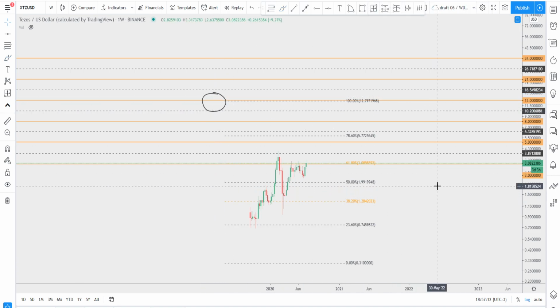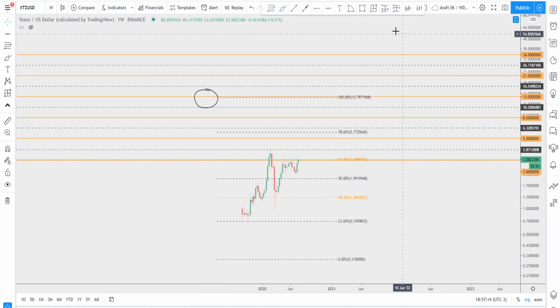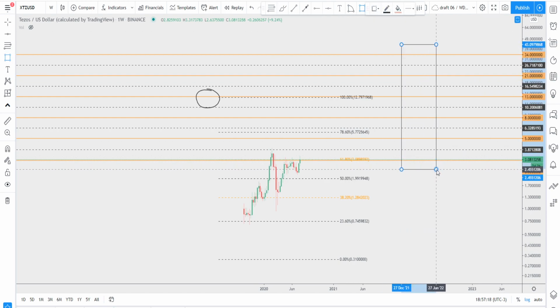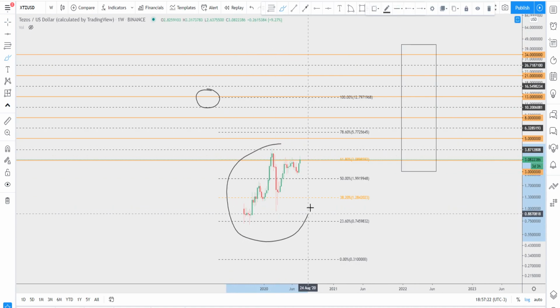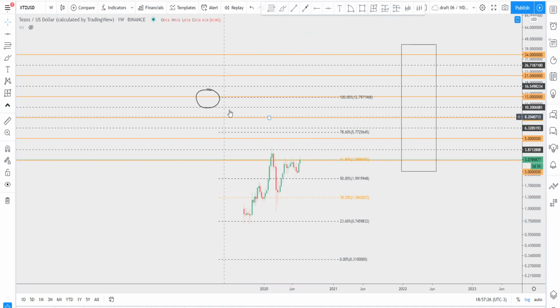Okay, and all this projection that I made here, that you guys can see, was based on this data only. Okay, I just figured out the previous all-time high was here.